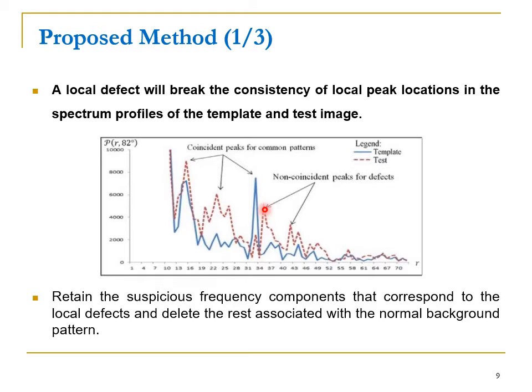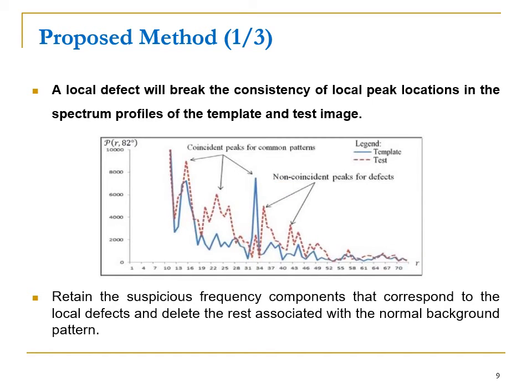They do not match with any peak in the template power profile. This means that they correspond to defects or suspicious frequency components. They could be representing local defects, and we should delete the rest of the frequency components that are associated with the normal background pattern, and just retain the suspicious frequency components. So this is the idea behind the proposed method.